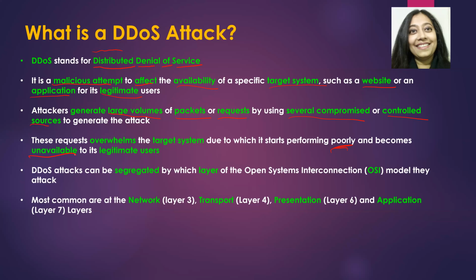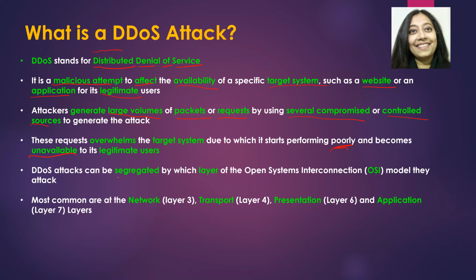Legitimate users are users who genuinely are trying to connect to this particular system, but they are being denied that service because there are a lot of fake requests or a lot of other servers attacking this system and making it unavailable to its real legitimate users. And we will see how this happens.